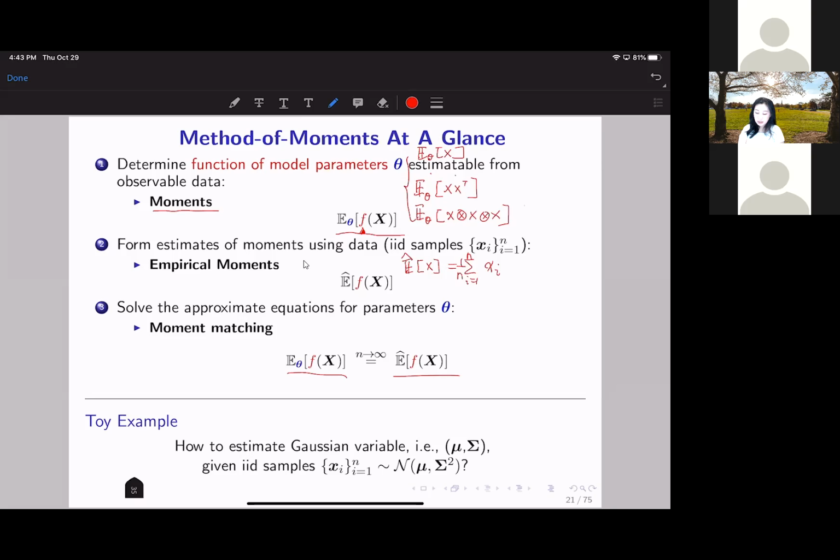So now what happens in this scenario? If you have expectation of theta, now I'm choosing my f to be just identity. This is just a special case of the equation above when f is just identity.